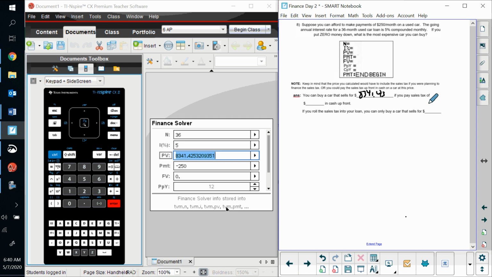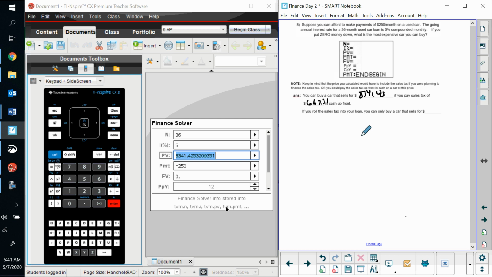So sales tax is 8%. If you did 8% of that, you'd have to pay $667.31 in sales tax. Now, if you can pay the sales tax up front and have that extra money, then really that's probably not the most expensive car you can buy.